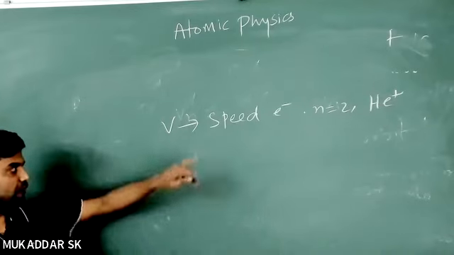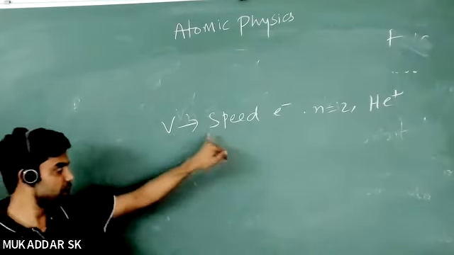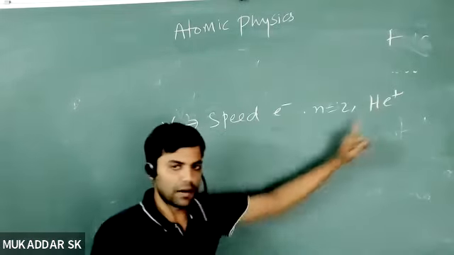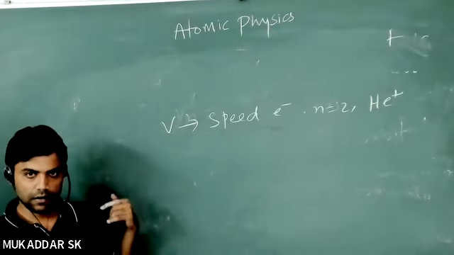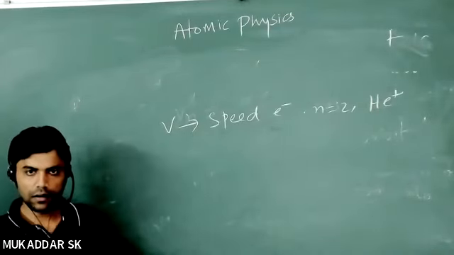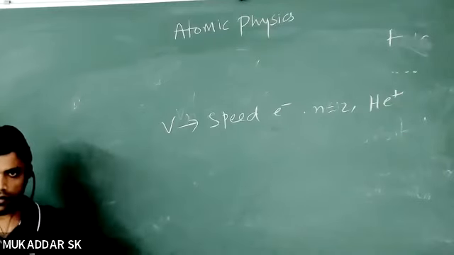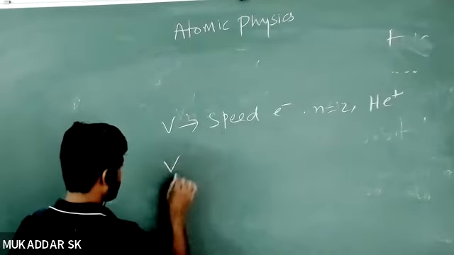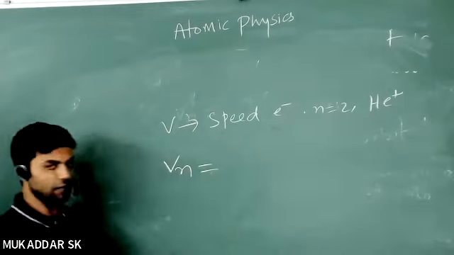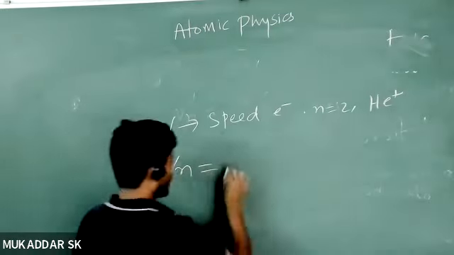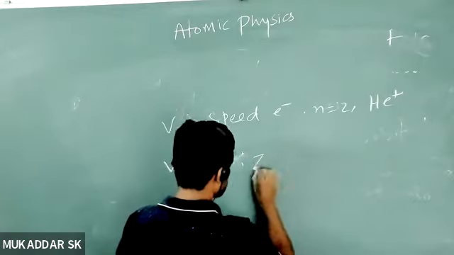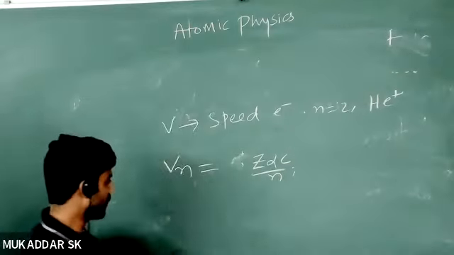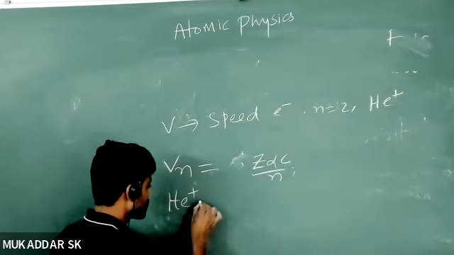So what is the given data? They have given that V is the speed of the electron in the second Bohr orbit of helium ion. Now they have asked to calculate the speed of the electron in the first Bohr orbit of hydrogen atom. Now I am solving this. The expression for speed for the nth orbit of a hydrogen-like atom was Z alpha c by n, right? So for helium plus, Z is how much?